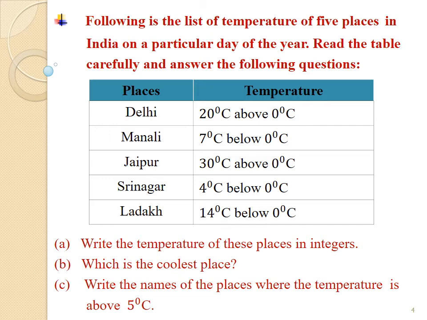That is, if the word above is given, we have to write positive integers, and if the word below is given, then we have to write negative integers. Also, we know that for the coldest place, we have to consider the smallest negative integer. So now, let us write the answer of the given question by observing the table very carefully.